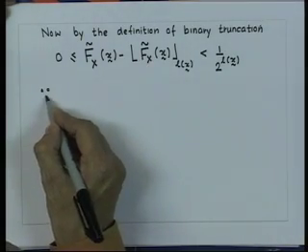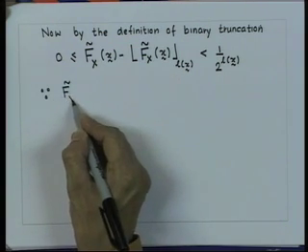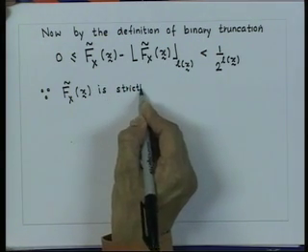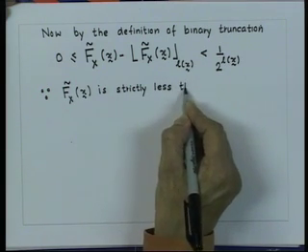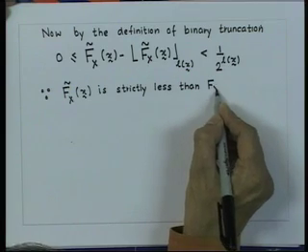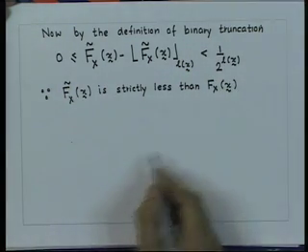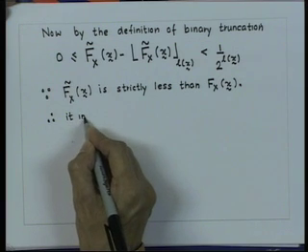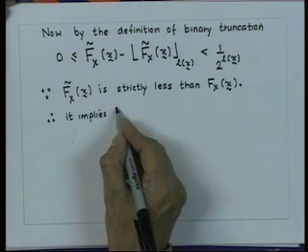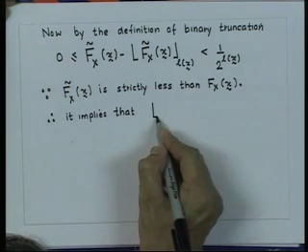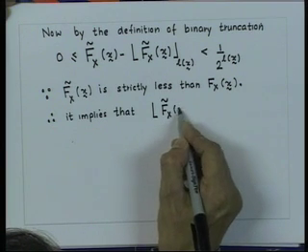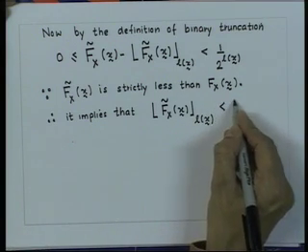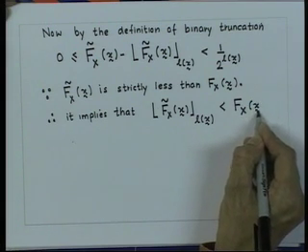Now, because F tilde x is strictly less than the cumulative distribution function F of x, therefore, it implies that the truncated version of F tilde is less than F of x.